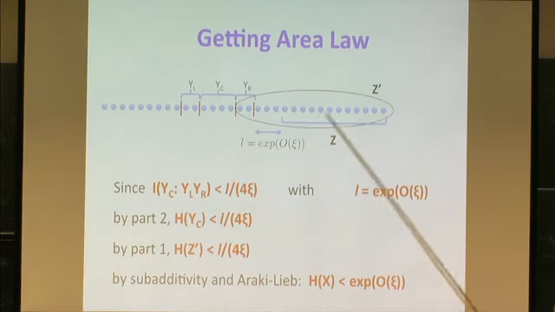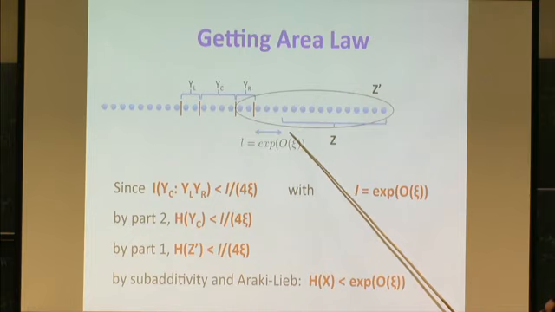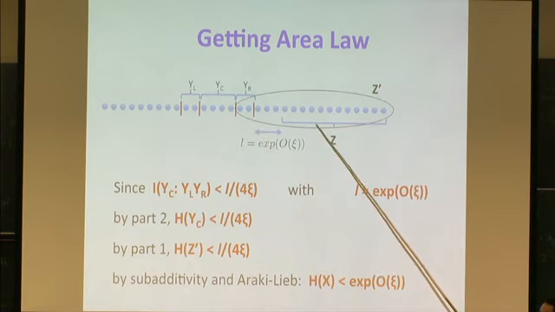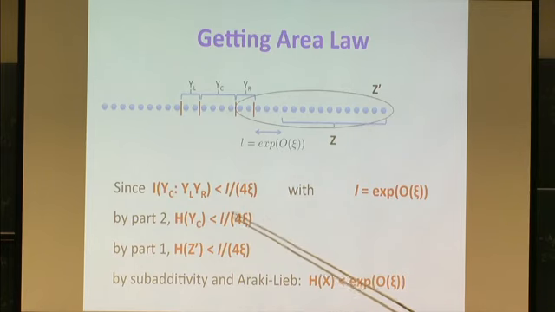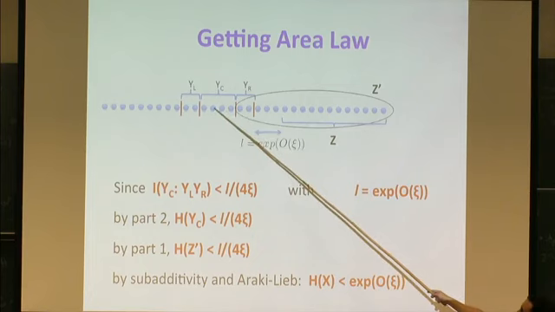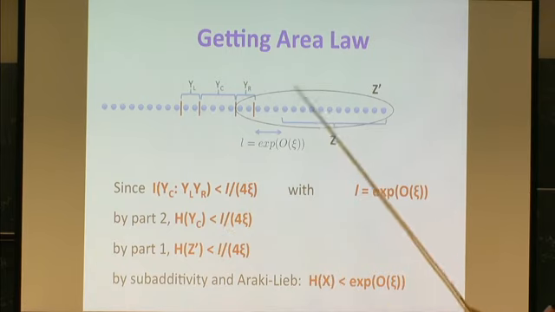Suppose we have Z, which is the region we are interested in. And now suppose that for some reason, that I'll show you next, we can find this region, YL, Y central, and Y right, which is L far away from Z. Okay? But now this region has a small mutual information. Right? This region satisfies this equation. So by part 1, the central region has subvolume law, right? But by part 1, then Z prime, which is the extension of Z, right?